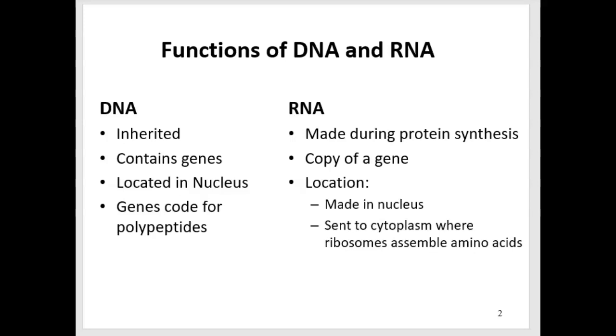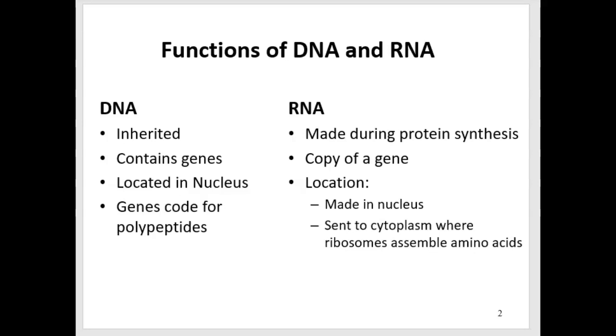So let's just review the functions of DNA and RNA before we begin. DNA is the genetic material that we inherit, and every time a cell divides, it divides into 2 cells that receive a complete copy of our genome, all the DNA.